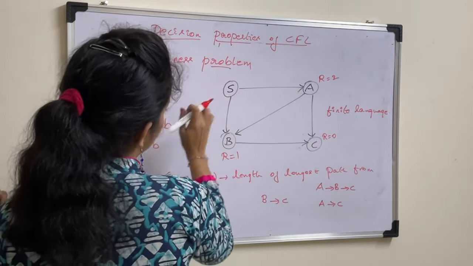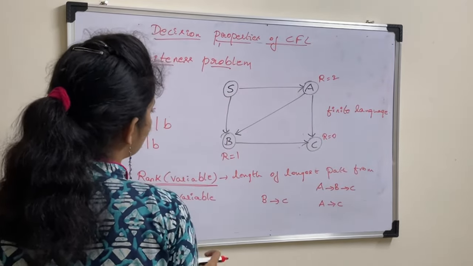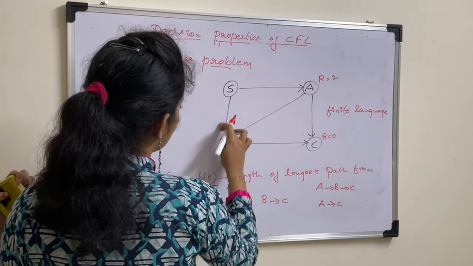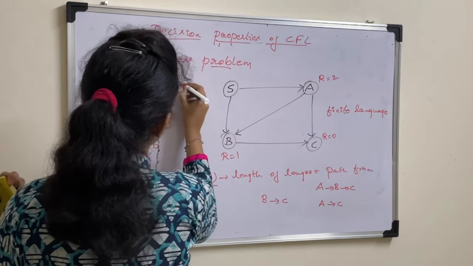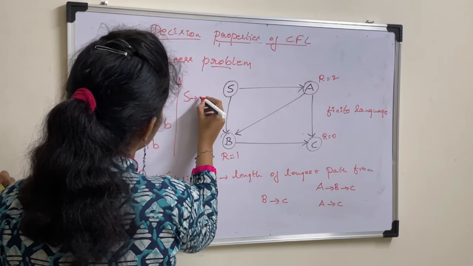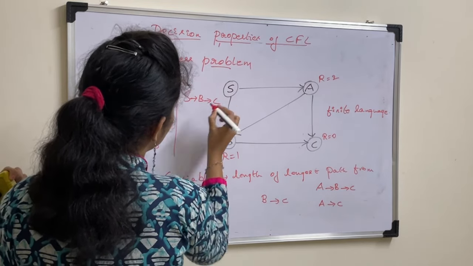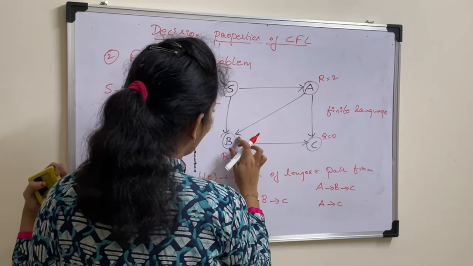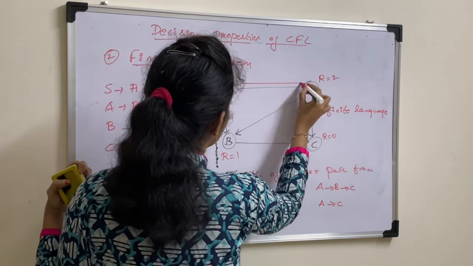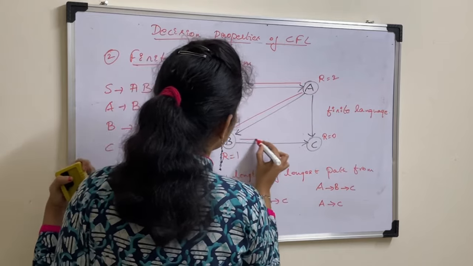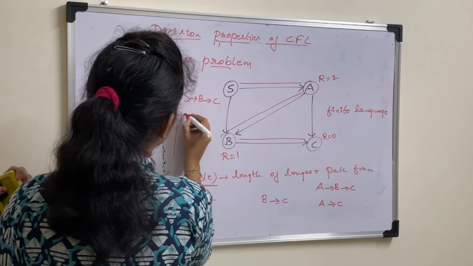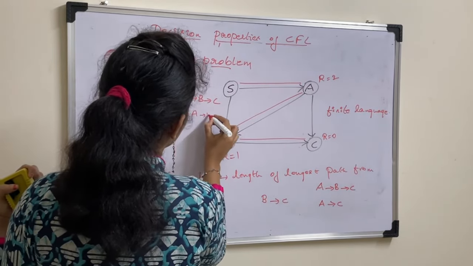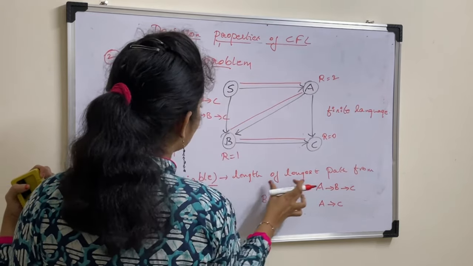Now come to S. Find the paths for S. One path is S to B, then B to C. The second path is S to A to B and B to C. Take the longest path.